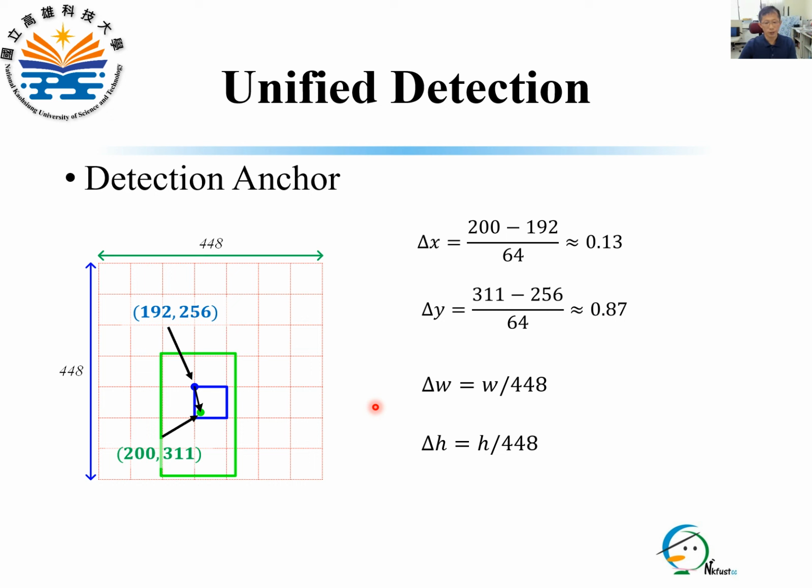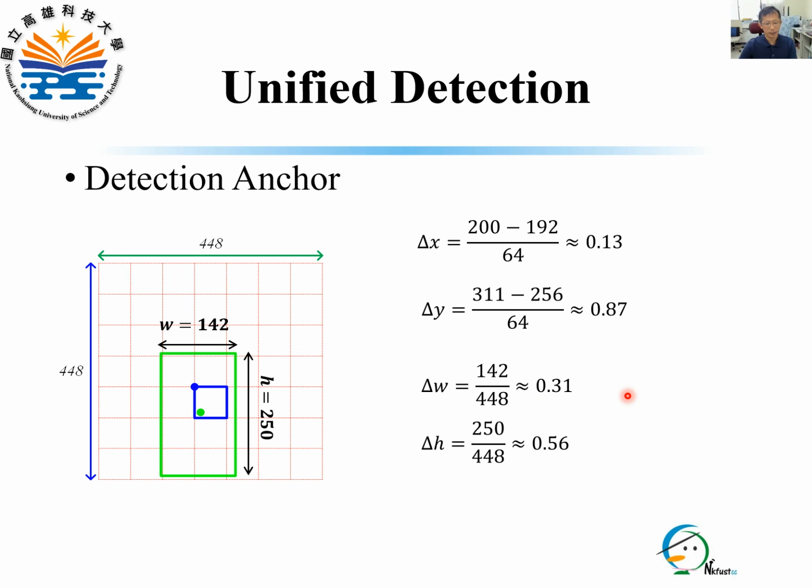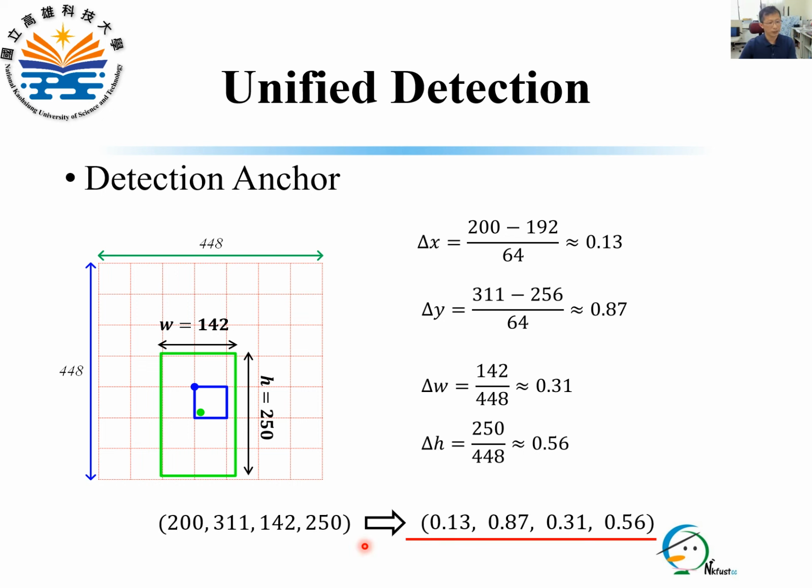For these two equations, they compute the box size relative to the entire image. That is 0.31, 0.56. In other words, using the anchor mechanism, this green bounding box is encoded as this one.